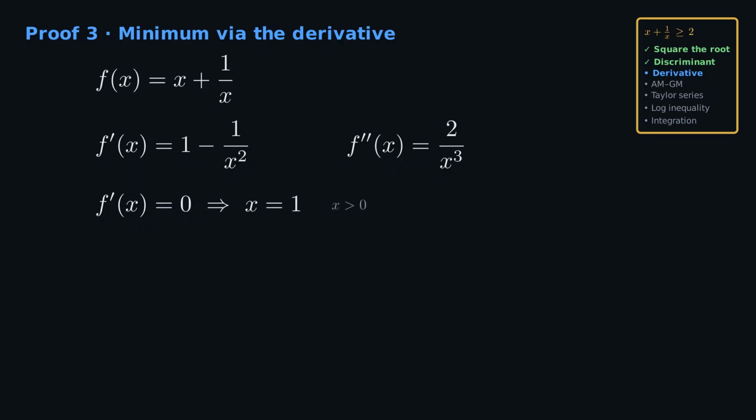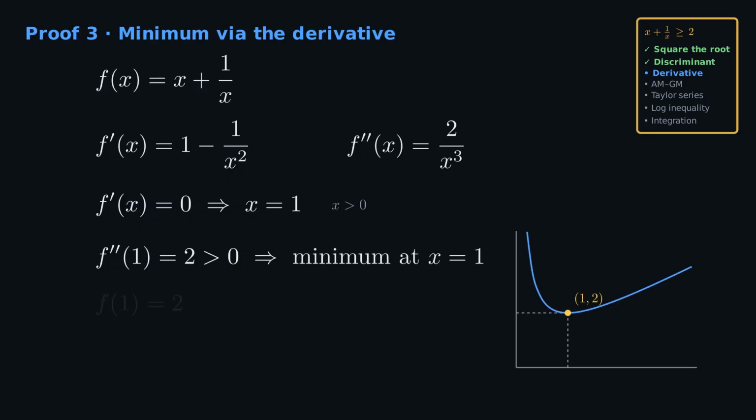If we check the second derivative at x equals 1, f double prime of 1 is a positive number, which means that x equals 1 is a minimum. f of 1 equals 2, which means that f of x must be greater than or equal to 2, which means that x plus 1 over x is greater than or equal to 2.